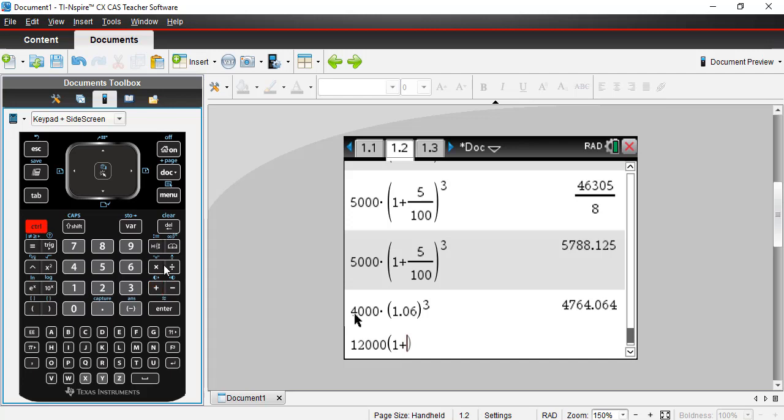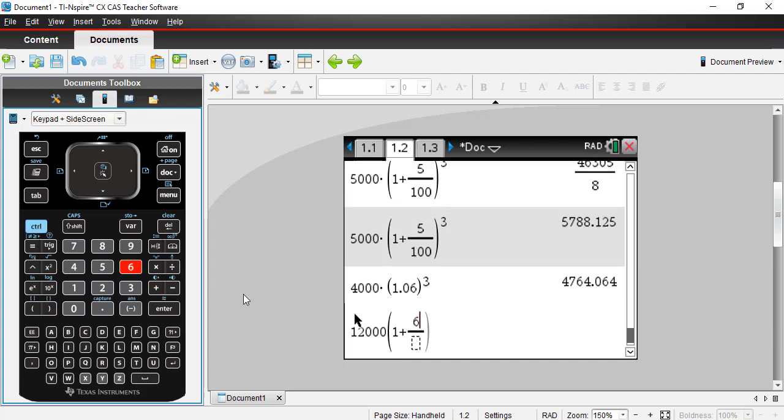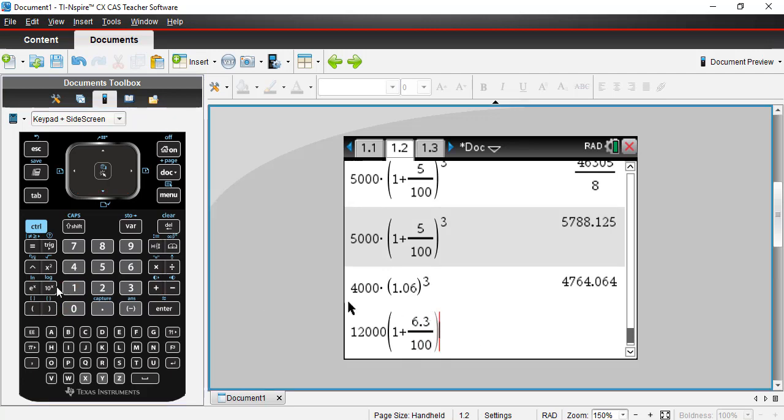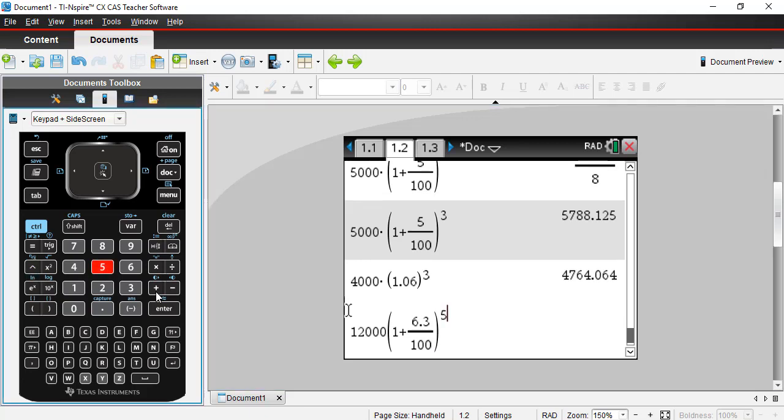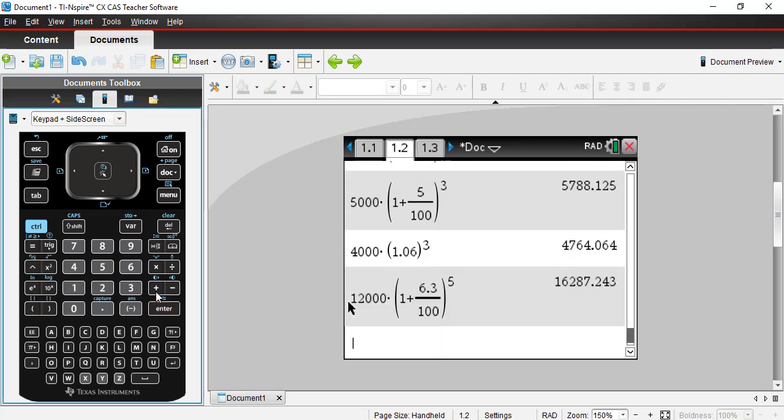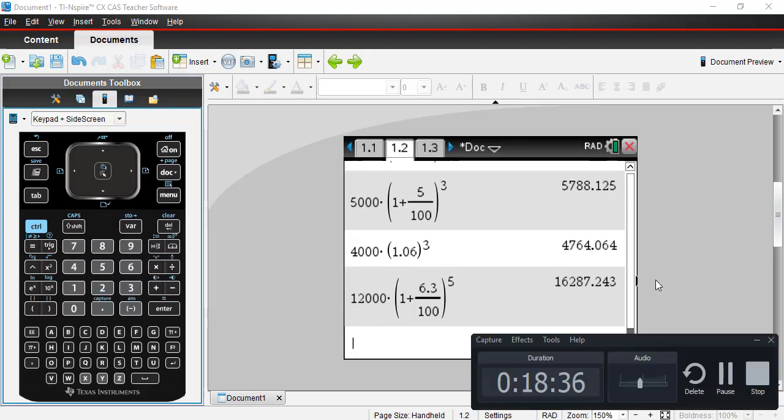Let's put our rate using control divide. Let's start a fraction. We're looking at 6.3 over 100, and that's to the power of 5 years. So we're looking at $16,287.